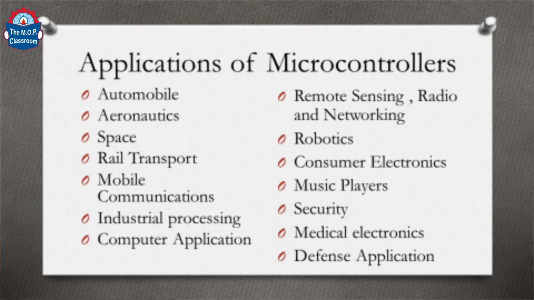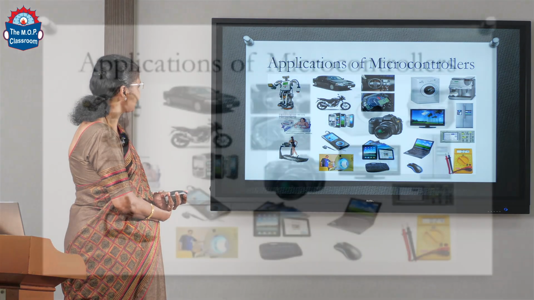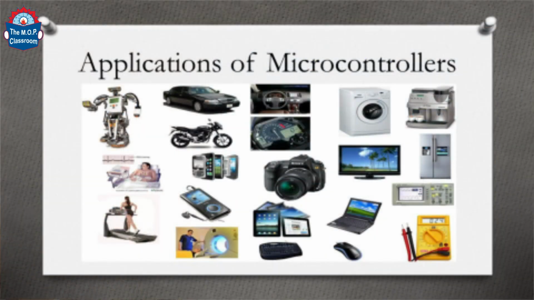From this slide you can see how it is being used in all the gadgets we use in daily life. It is commonly used in embedded systems such as home appliances, security systems and industrial automation systems. In automotive applications such as engine control units, airbag control units and anti-lock braking systems.